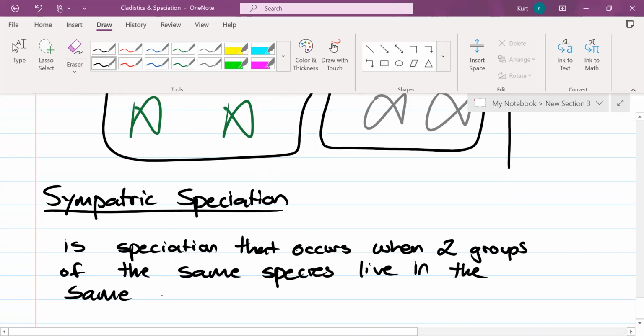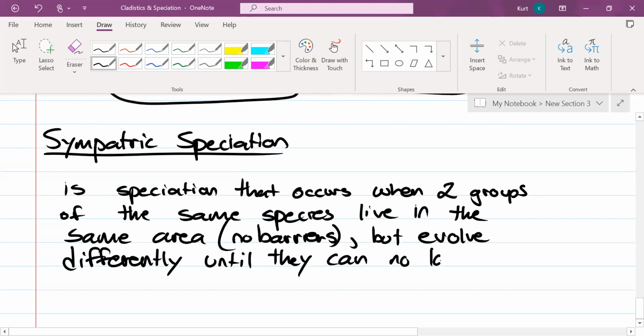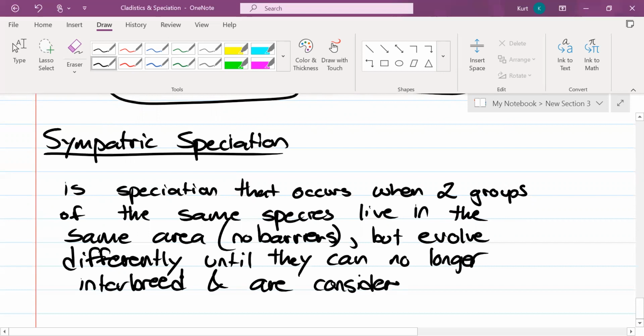So there's no barriers. But they evolve differently until they can no longer interbreed and are considered different species.